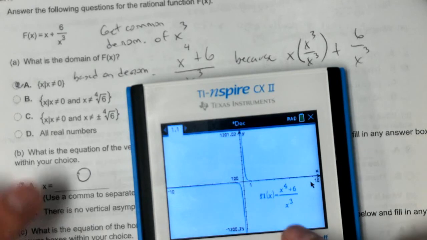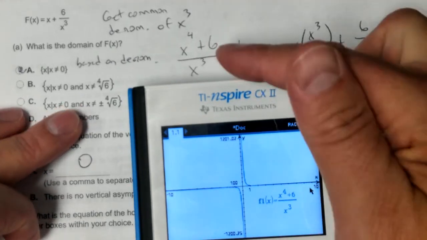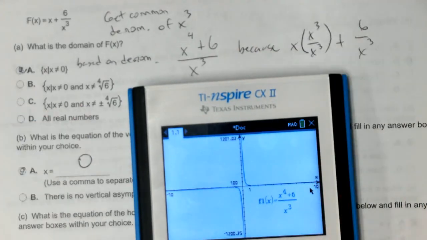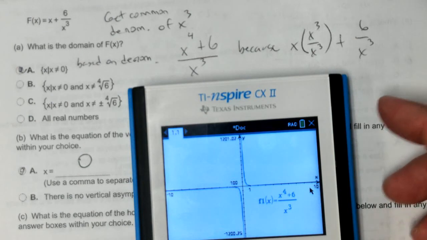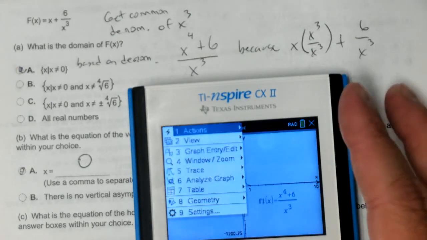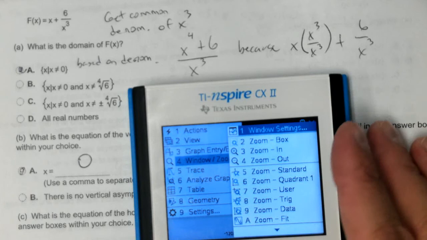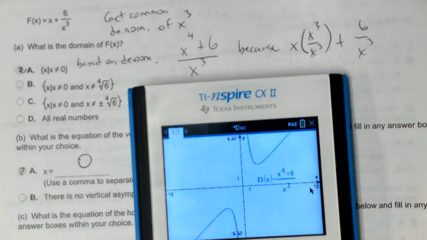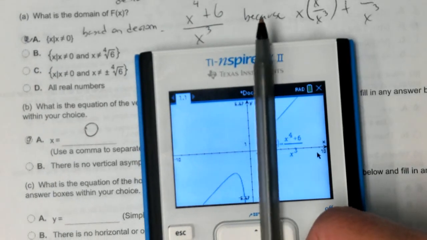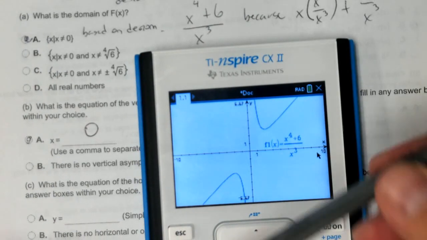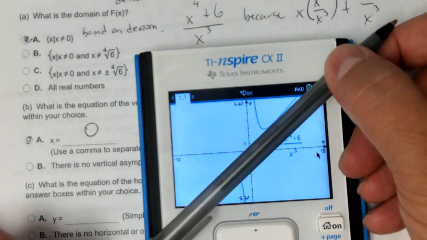Okay, there we go. So that matches what I was looking for. It's probably why it wasn't visible earlier. Let me go back to a standard window. 5. Okay, there we go. So we have our vertical asymptote at 0, and then this is going to be our slant asymptote.